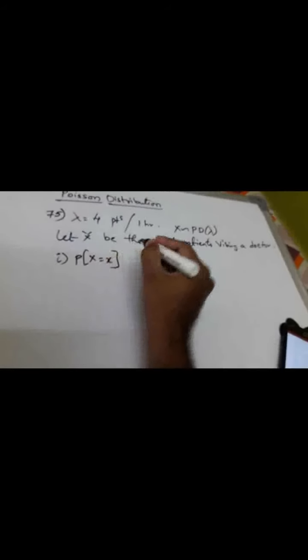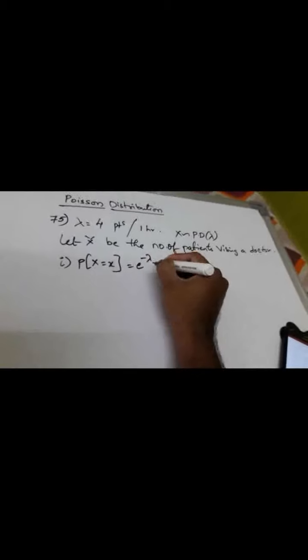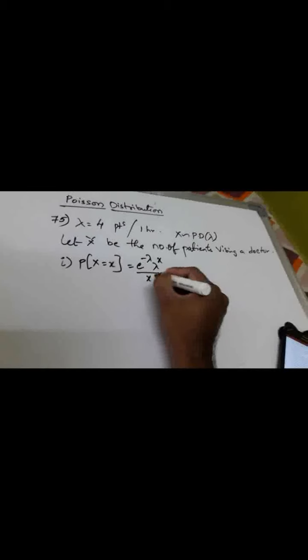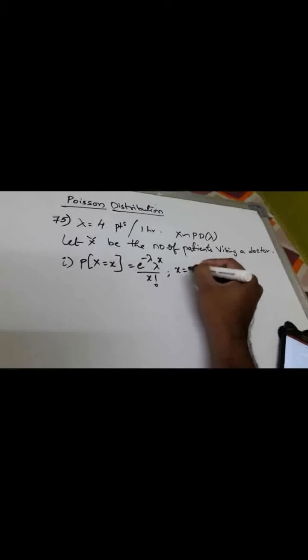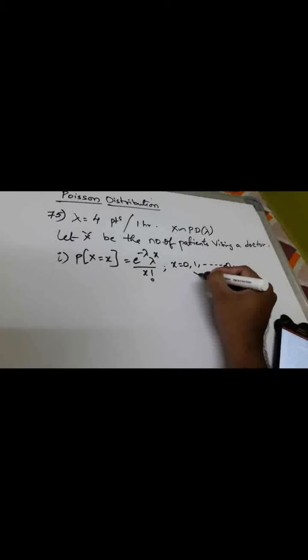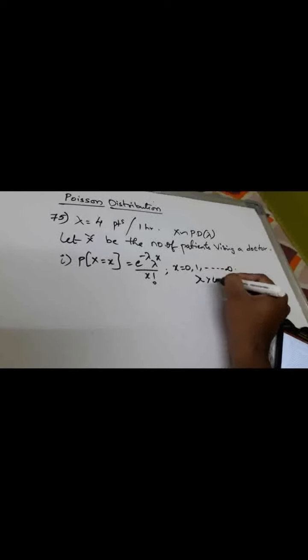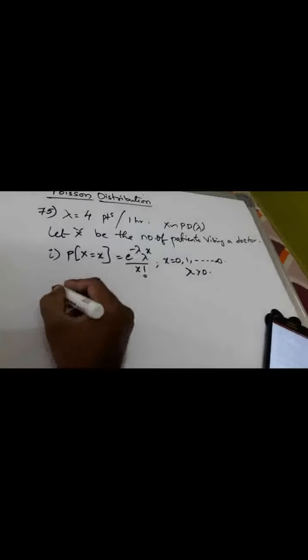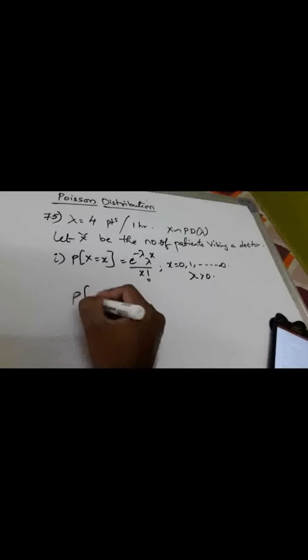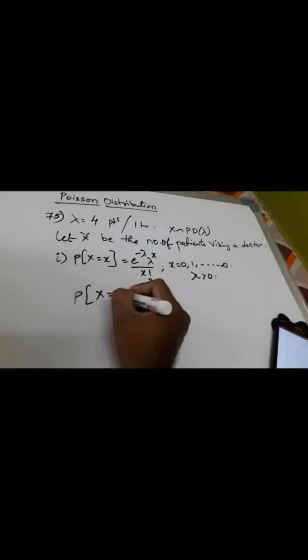Before that, as I said earlier, in every problem we need to write the PMF. That is e power minus lambda, lambda power x by x factorial, where x takes values 0, 1, 2 and so on up to infinity, and lambda is greater than 0. Now question number 1, doctor is free. That means no patients.